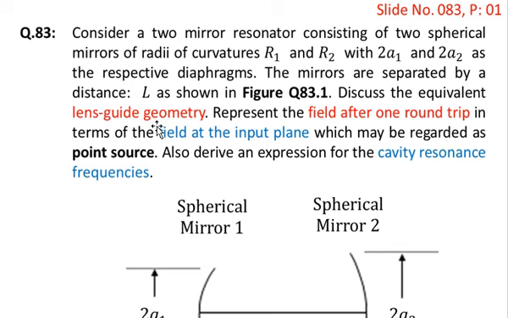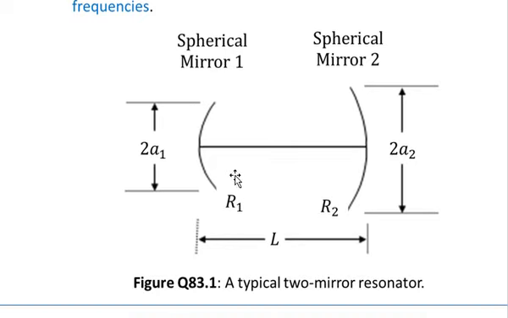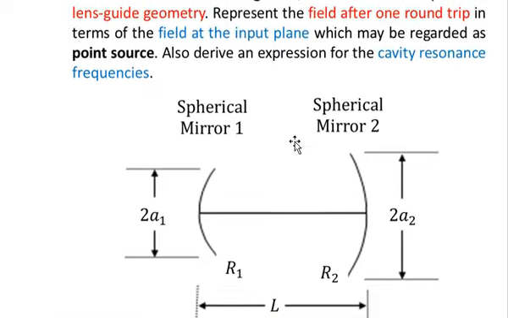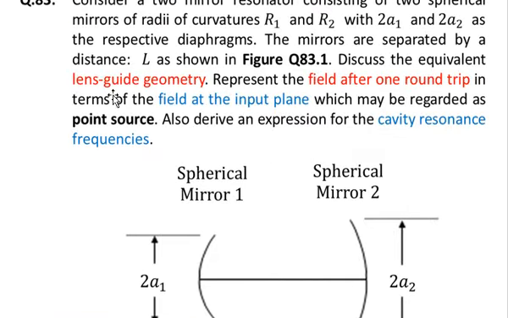We shall use an equivalent lens guide geometry, which will be a replacement of the system shown in figure number 1, and then we calculate the field using that lens guide geometry. We have to calculate the field after one round trip in terms of the field at the input plane, which is regarded as the point source. And of course we have to find an expression for the cavity resonance frequencies.